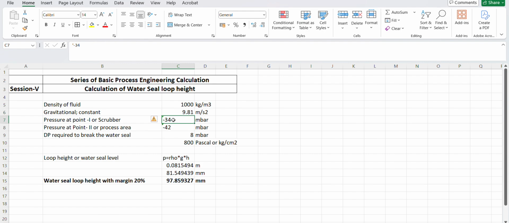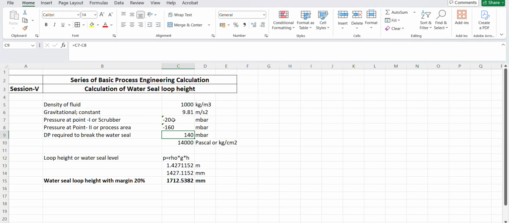We can check here with another example, like we considered at the scrubber we have minus 20, and at the process we have minus 160.